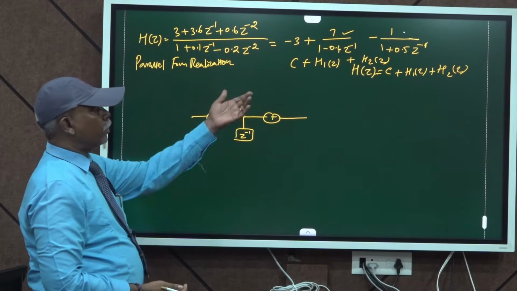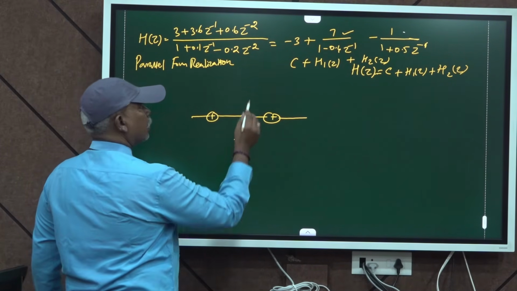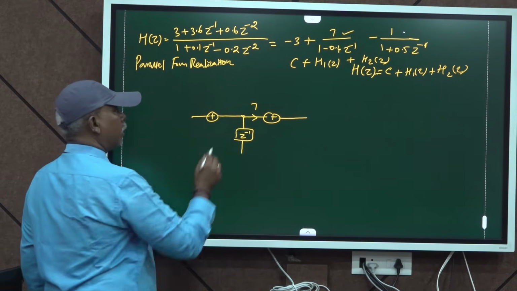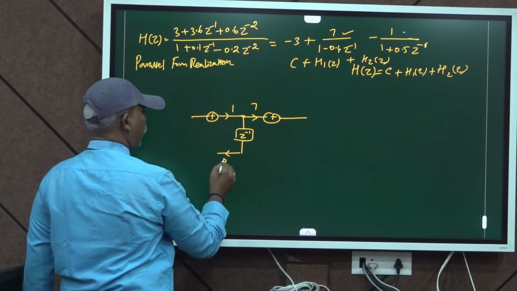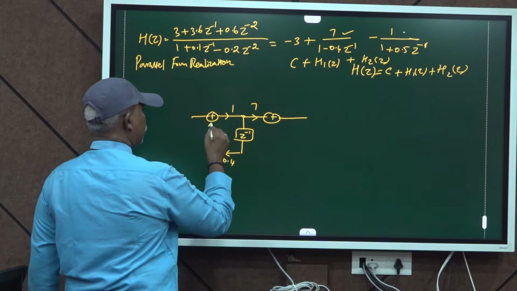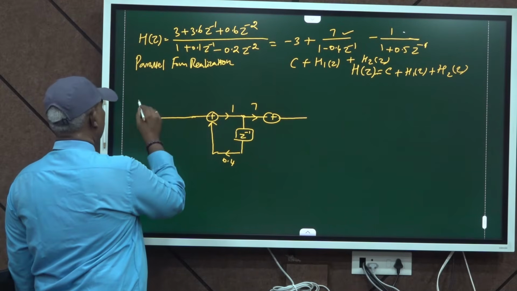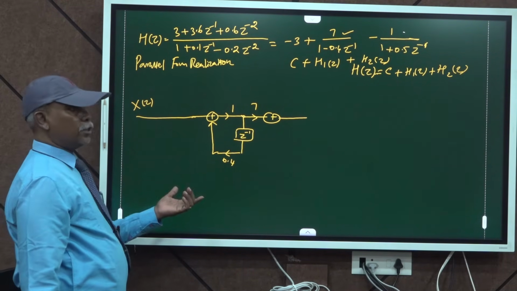Here you see that only one delay element, 0.4 into z power minus 1, is there. So I take the numerator as only 7. Denominator 1 minus 0.4 means here it is plus 0.4 and it is given to this. This is my X of z. So H1 of z is implemented.